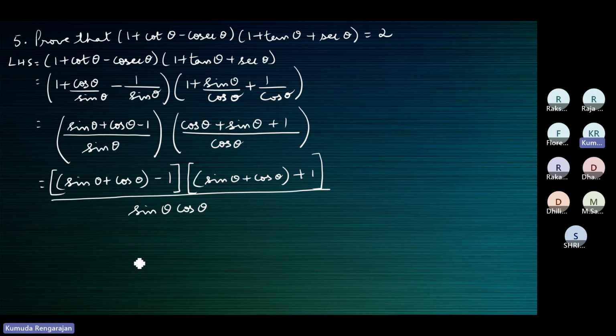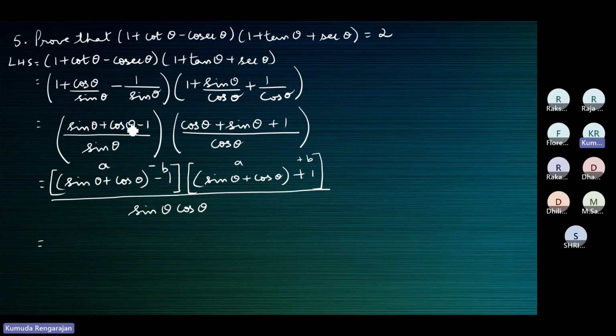And in the next term, I've written sin theta plus cos theta again in the bracket, which is a, and plus 1 outside, which is plus b. So clearly the product of the numerators is like a minus b into a plus b. Agree, children? Yes, ma'am.